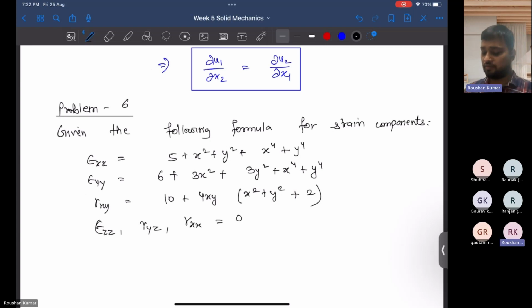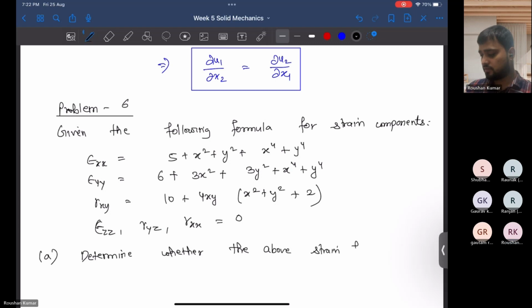So based on this statement we have two questions. The first question is, determine whether the above strain field is possible.